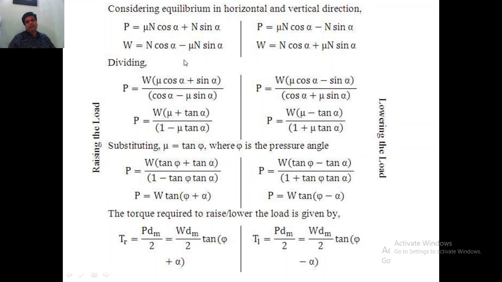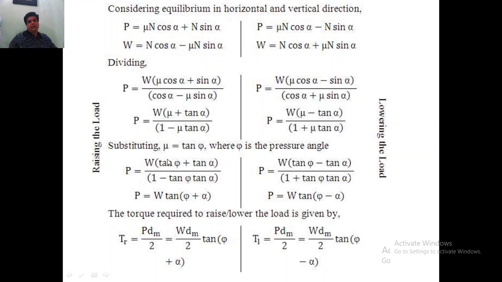The left side equations are with respect to raising the load, right side equations are with respect to lowering the load. And one more thing you have to remember here is that the coefficient of friction mu is nothing but tan phi. So phi is the pressure angle, which is a term in the threads.